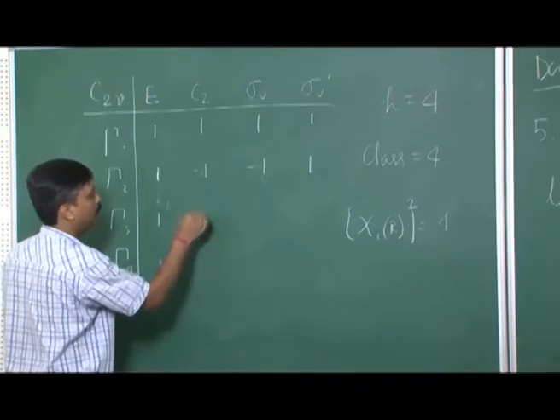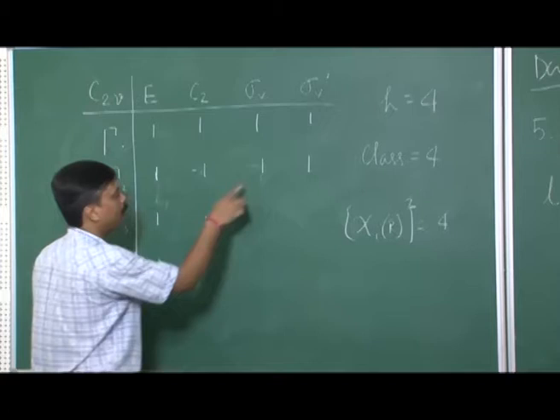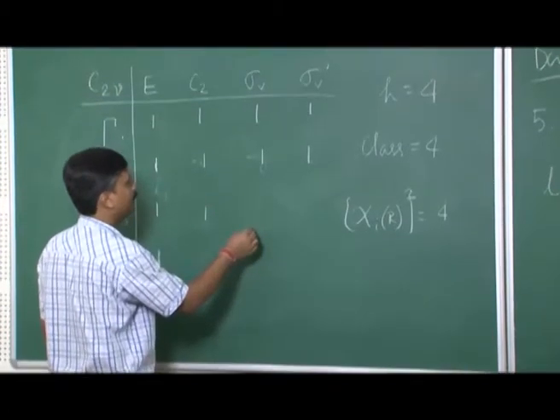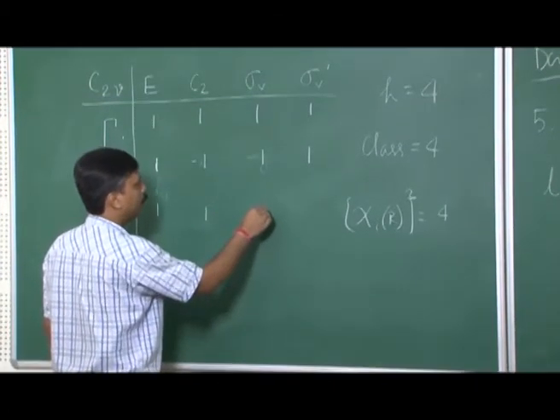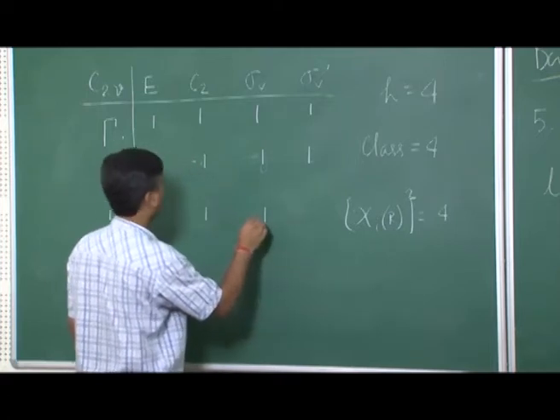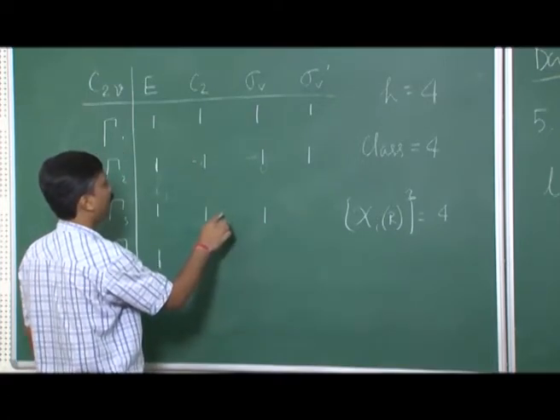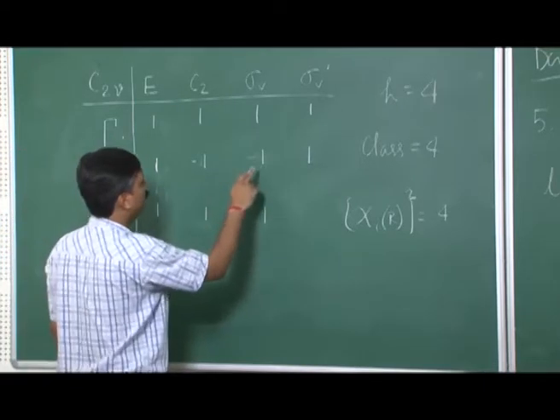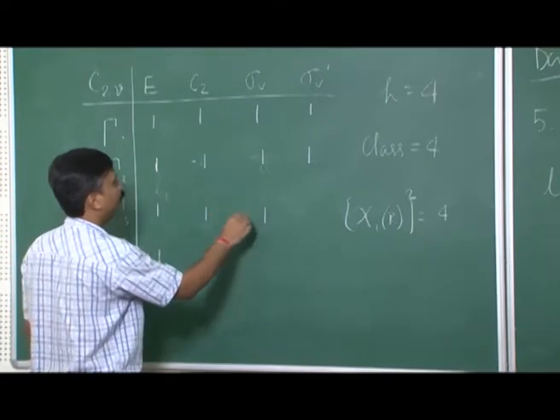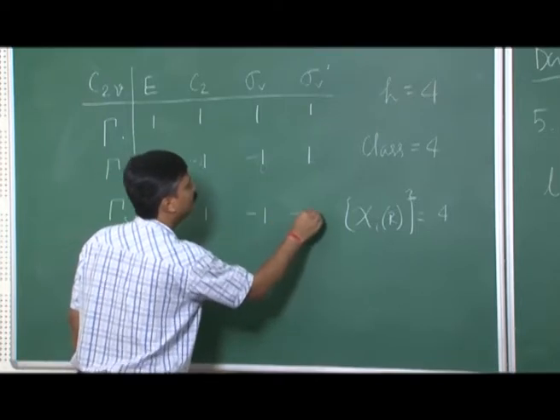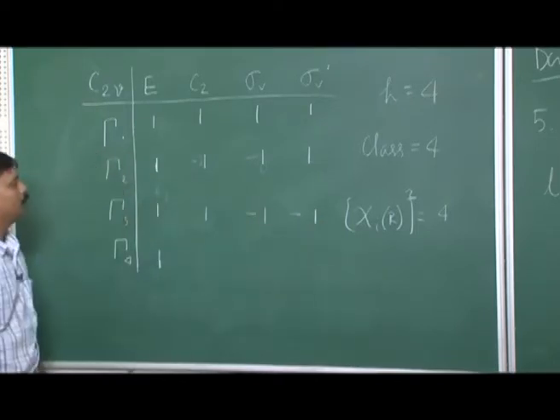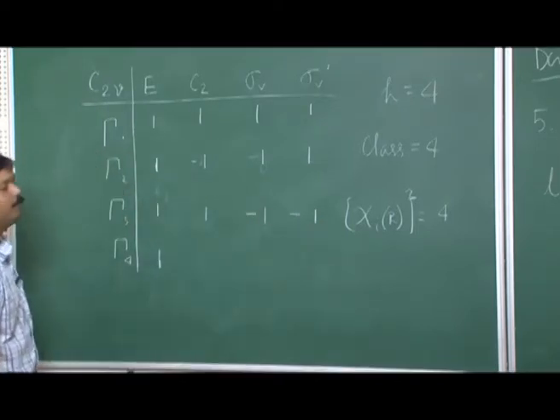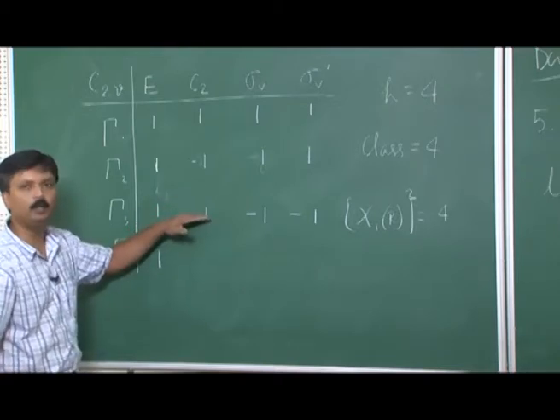So, now I make this plus 1, and this one again plus 1, and so I have made this one minus 1. Therefore, I can make this one minus 1 and this one minus 1. Now we can verify whether this orthogonality holds.